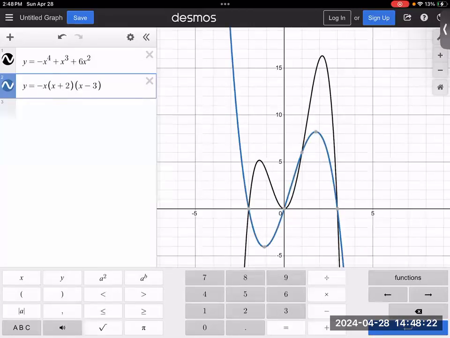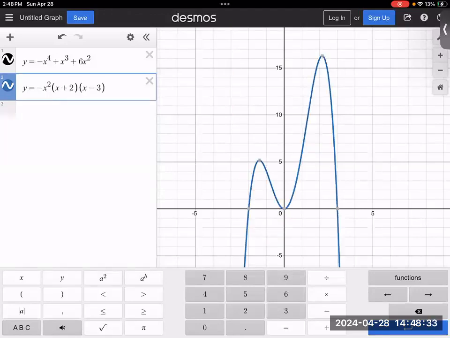So not only is your graph not doing that certain behavior, while we still have the correct x-intercepts, we need to transform this one to have a squared on it. And notice that it is giving that nice bounce look to it.